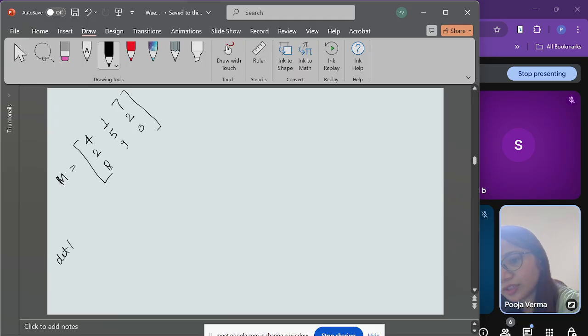So the determinant of M is 4 times, first removing the first row and first column, we get 0 minus 18, minus 1 times, removing the first row and second column, 0 minus 16, plus 7 times, removing the first row and last column, the cross multiplication of this, 18 minus, what will be the value? 40, right?